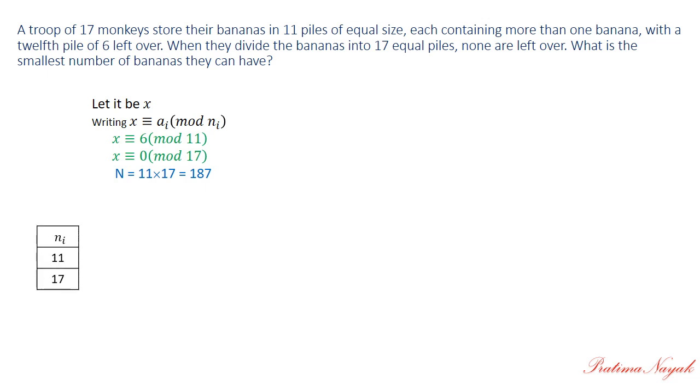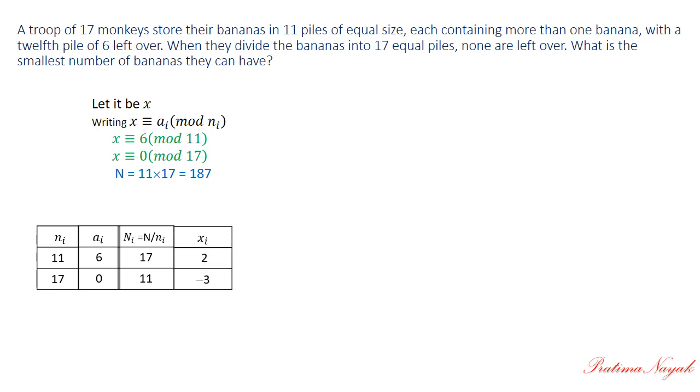ni are 11 and 17, ai are 6 and 0, capital Ni are 17 and 11, xi are 2 and minus 3.